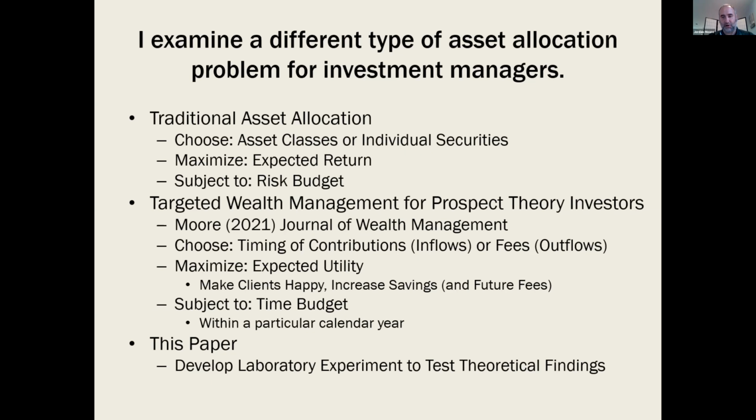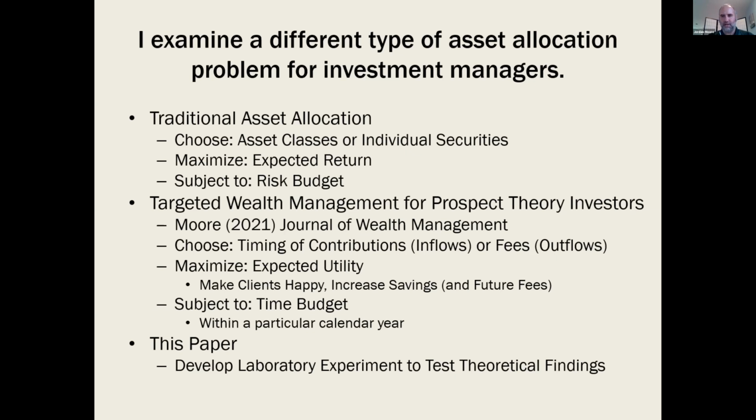This paper is an experimental paper, which is a follow-up to a paper called Targeted Wealth Management for Prospect Theory Investors, which is a pure theory paper that I published last year in the Journal of Wealth Management. What the theory looks at is, let's take a manager and allow them to move either account inflows or outflows over time within some period.